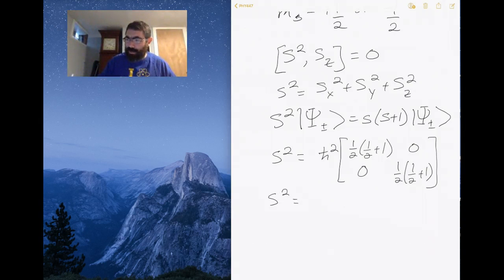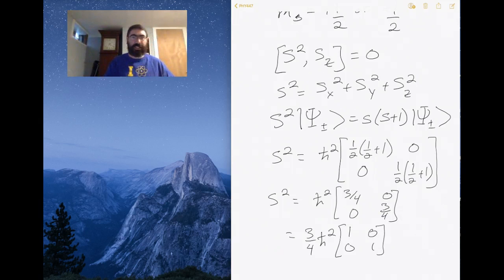So s squared, I would get h bar squared times 3/4 times the matrix 1, 0, 0, 1, which is basically the identity.